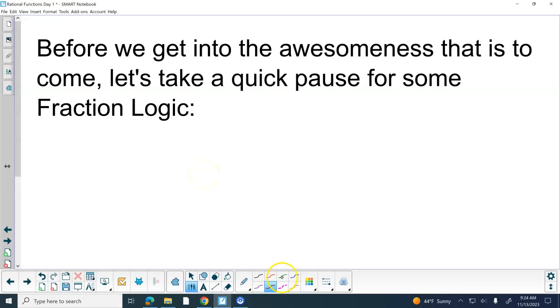If I have a really big number and I divide it by a really small number, what is the resulting value going to be? Medium? I mean, it kind of depends how big the big number is, how small the small number is. Well, let's make the big number super ginormous huge, and let's make the small number teeny, teeny, teeny, tiny.